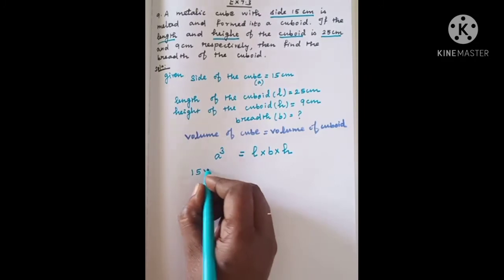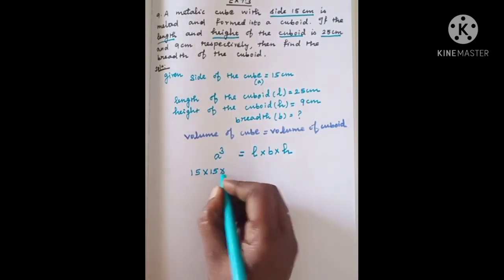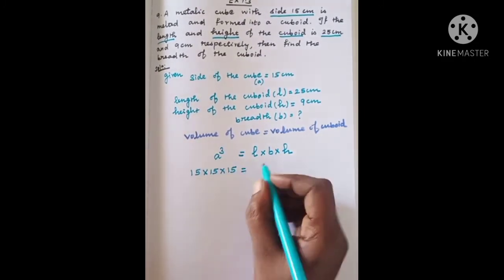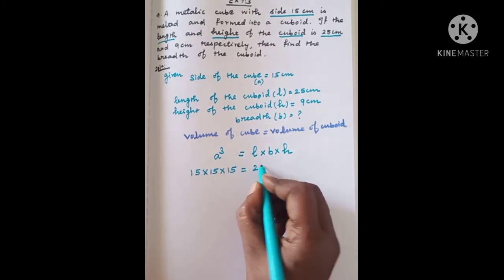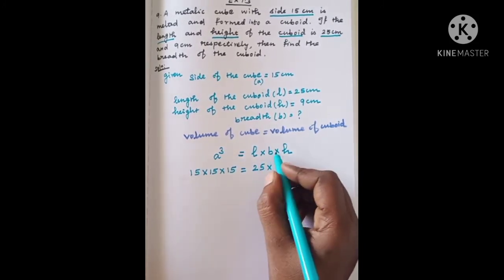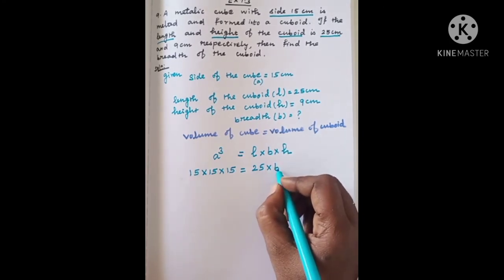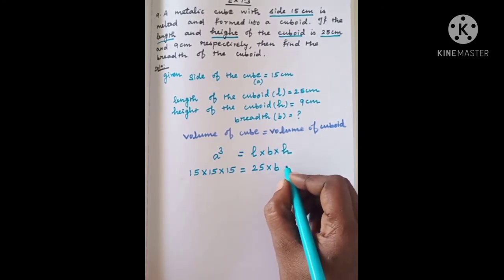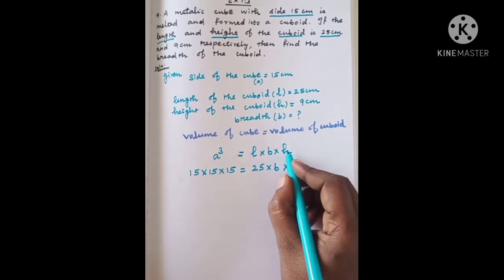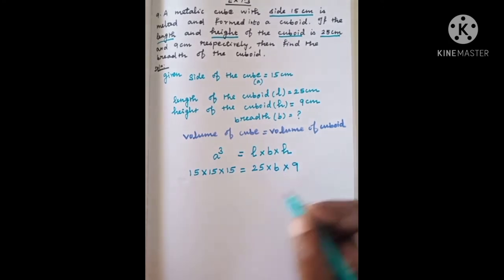You have to write 15 into 15 into 15, which is equal to the length given as 25, and the breadth is not given, so you have to write this breadth B as it is. Okay, and then the height H is given as 9 centimeter.